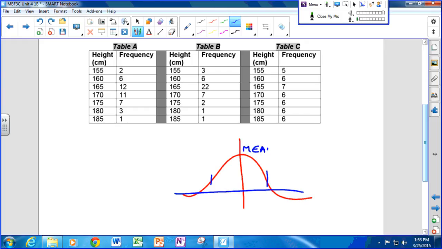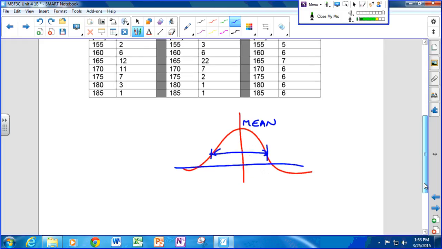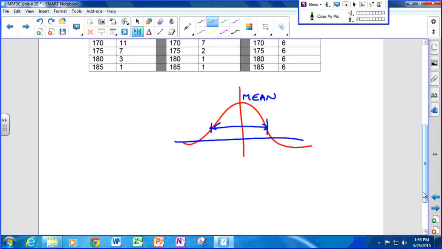So your standard deviation gives you this value here, and what does it mean for the data if the values tend to be a little closer to the mean?